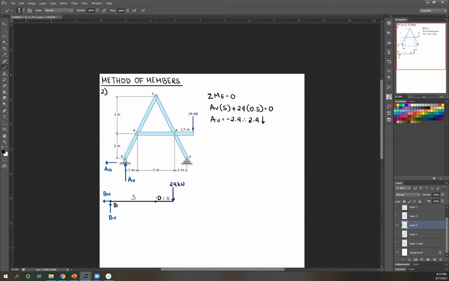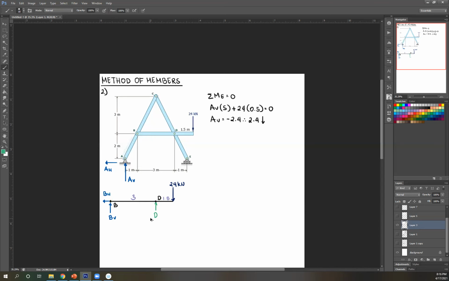Now, if I choose forces horizontal or vertical equals 0, you have to take note that here at D, that's also a hinge. So therefore, that's also going to have vertical and horizontal reactions. So if you take forces vertical, you're going to have 2 unknowns. Forces horizontal, you have again 2 unknowns.